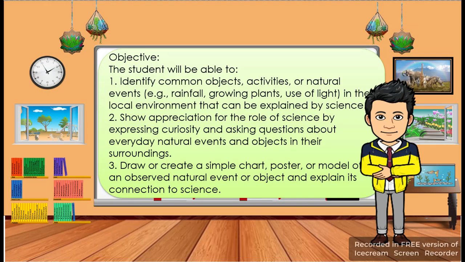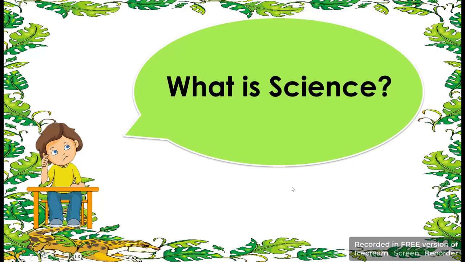Show appreciation for the role of science by expressing curiosity and asking questions about everyday natural events and objects in their surroundings. And last, draw or create a simple chart, poster, or model of unobserved natural events or object and explain its connection to science.